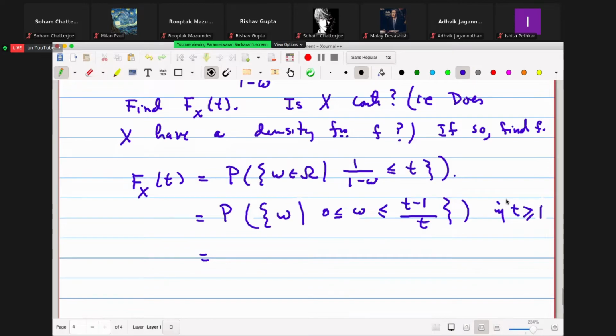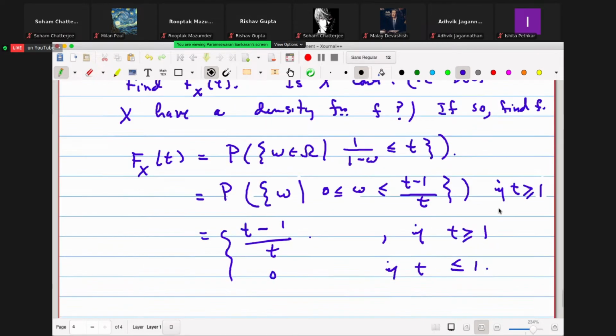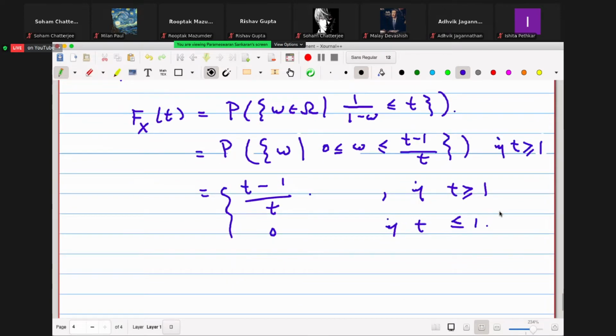T minus 1 divided by t, if t is bigger than or equal to 1, and is 0 if t is less than or equal to 1. Can you find some function? So this is F_X of t.